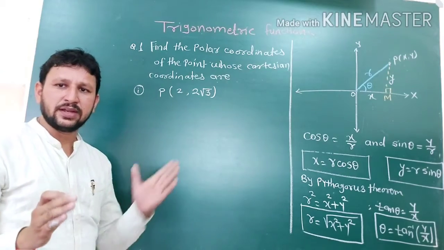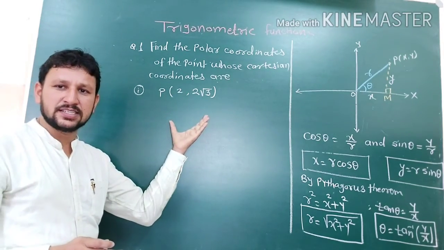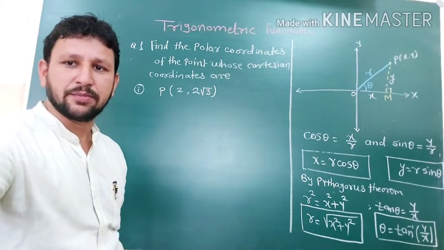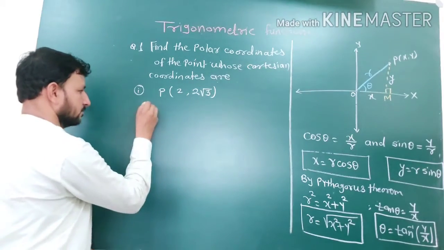Point P is given in terms of the Cartesian coordinates. The question is to find out the polar coordinates. Let us see the method for solving the sum.